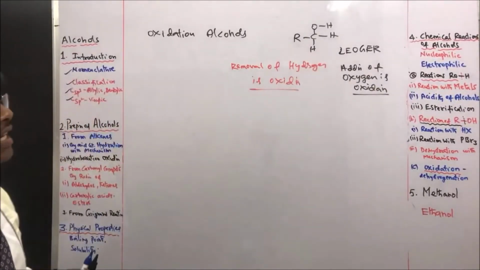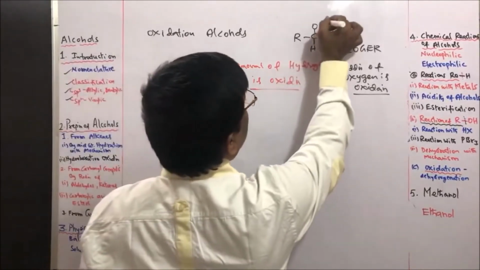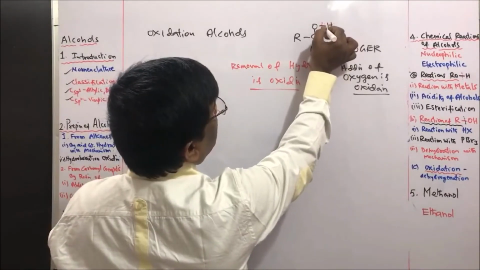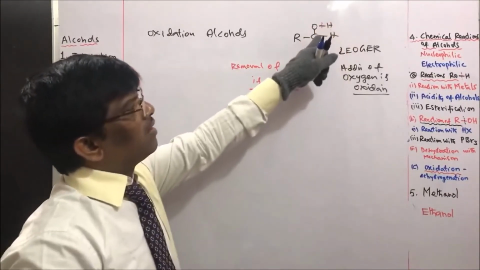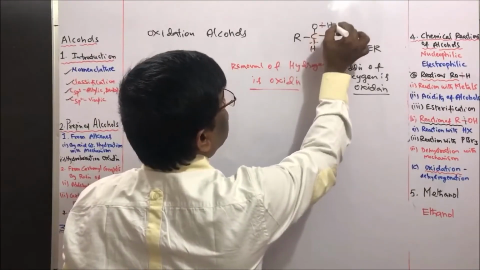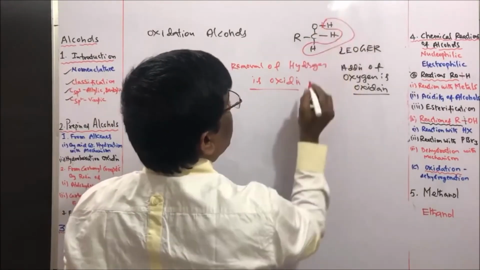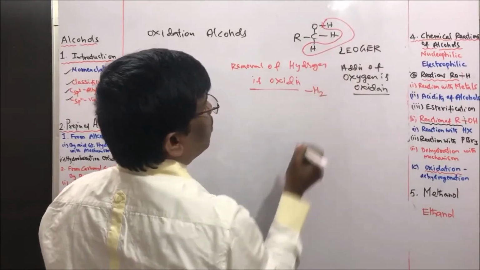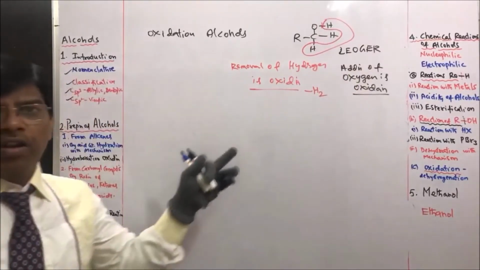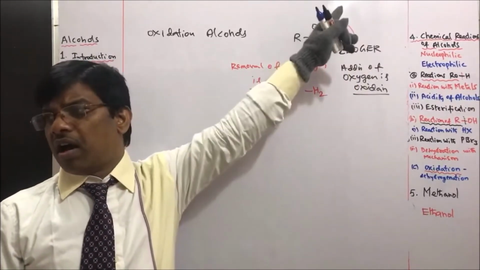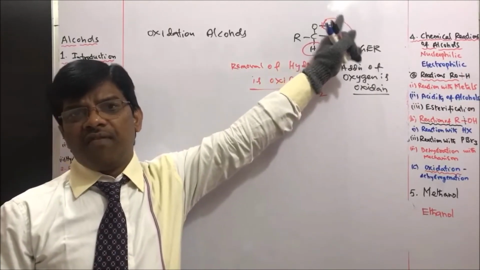In this case, we are going to remove one hydrogen from the OH and another hydrogen from the carbon. It goes out as hydrogen, minus H2. So removal of molecular hydrogen from alcohol is known as oxidation of alcohols.